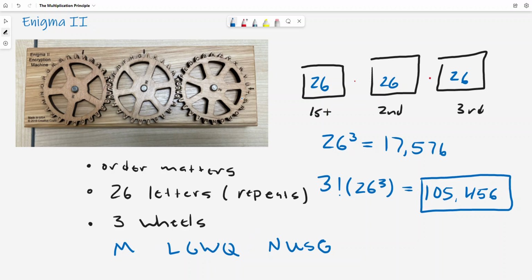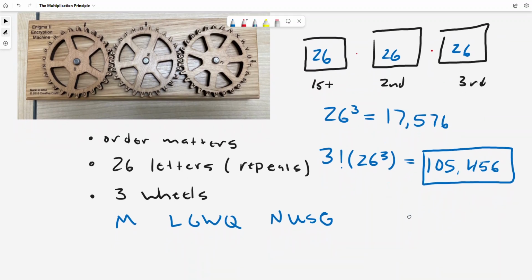Notice that as you choose each letter, all the spokes will rotate. Some of these are ordered properly, but the middle one kind of skips every letter or so. But in either case, even if it was ordered properly, it would still come out to the exact same number of ways.